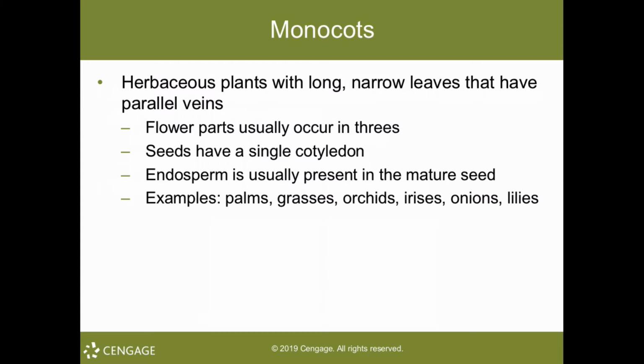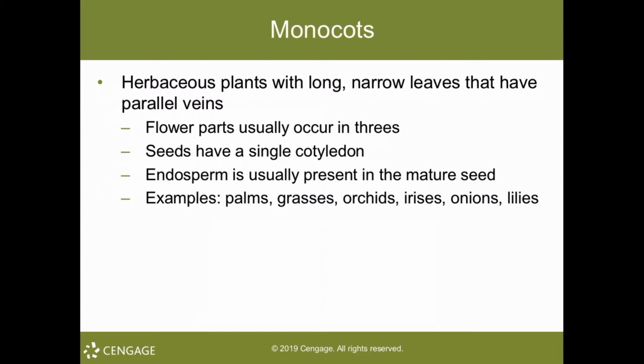In other words, the flower may have 3 sepals, 3 petals, 6 stamens, and a compound pistil with 3 fused carpels. We'll get to those terms a bit later. The monocot seeds have 1 seed leaf, 1 cotyledon, and the endosperm, that nutritive tissue, is present in the mature seed.